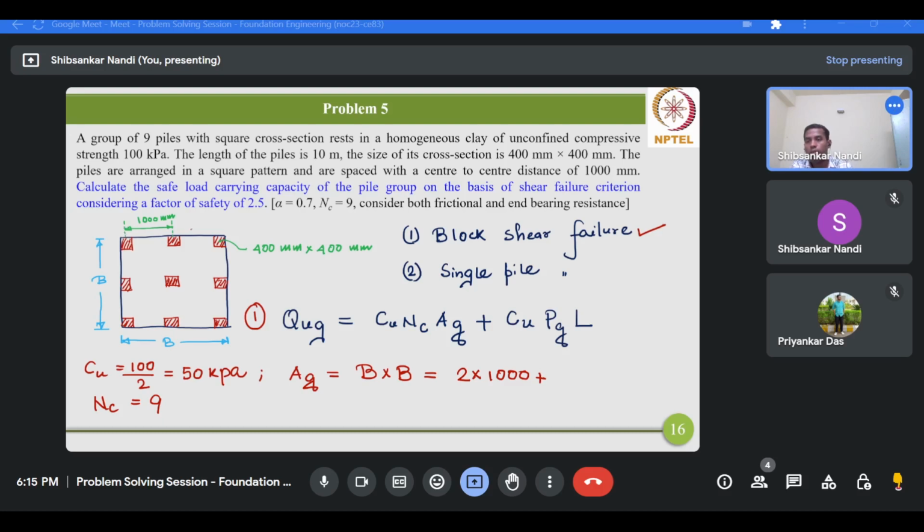Okay, so if I write here, this will be 1000, and this small part will be 400 by 2, and again this small part will be 400 by 2. So all are in millimeter.